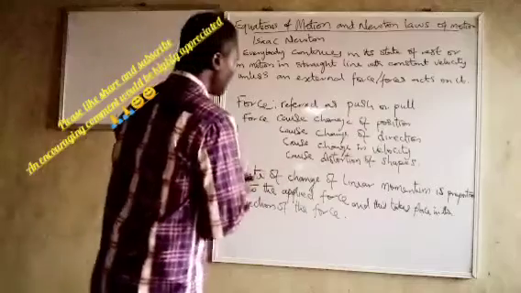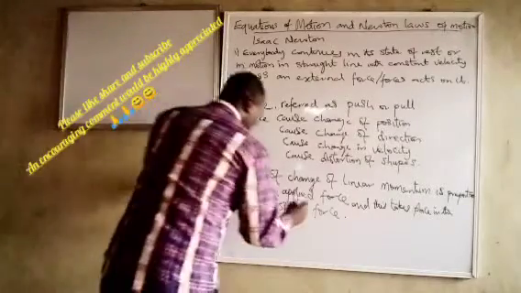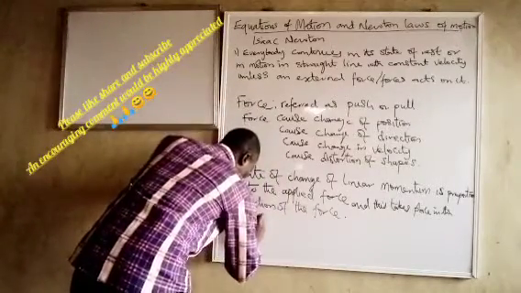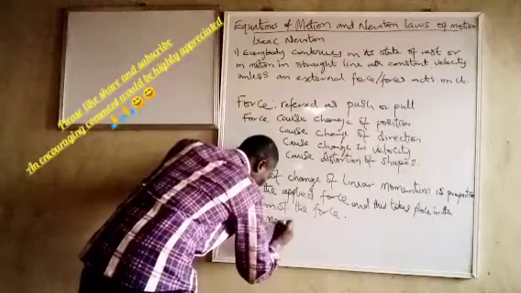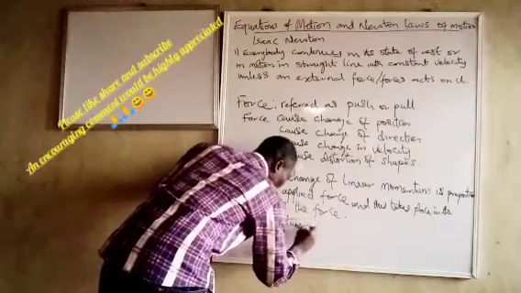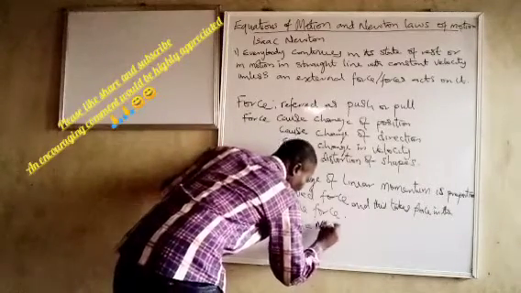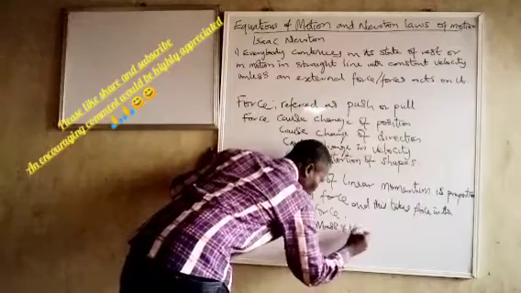Now let's look at the equation you can bring out. We have said that momentum is equal to mass times velocity.